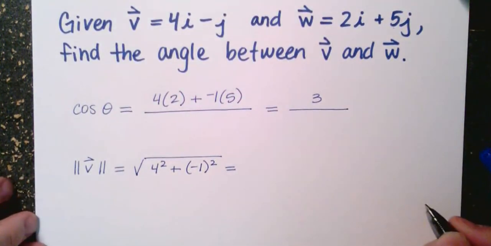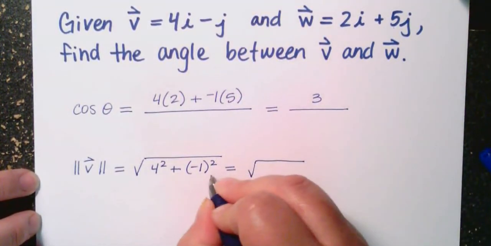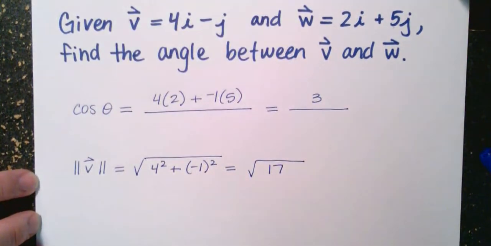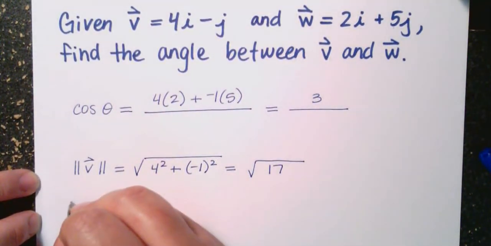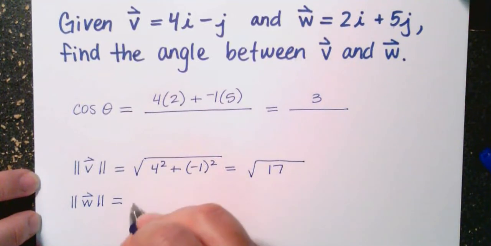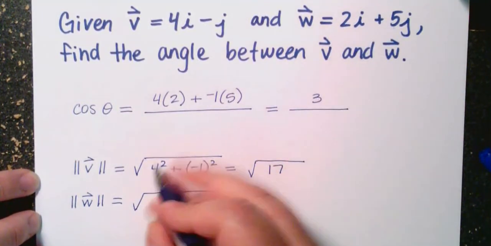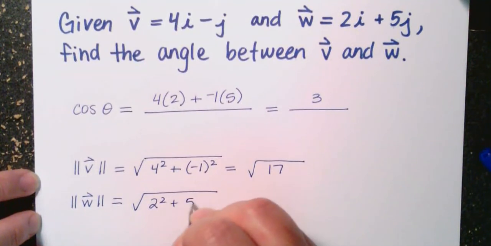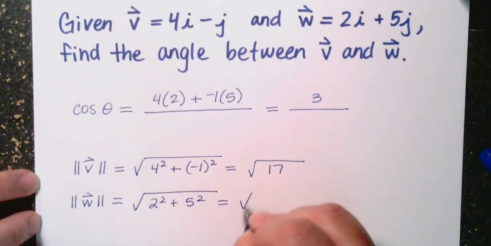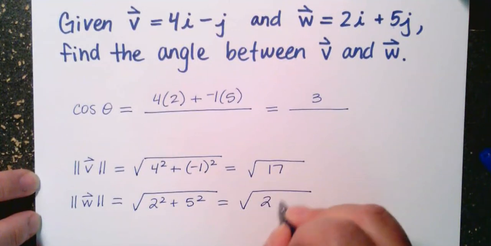So the magnitude of v here is the square root of 16 plus 1, which is going to be square root of 17. And likewise, the magnitude of w is going to be the square root of 2 squared plus 5 squared. So that is 4 plus 25, so that's 29.